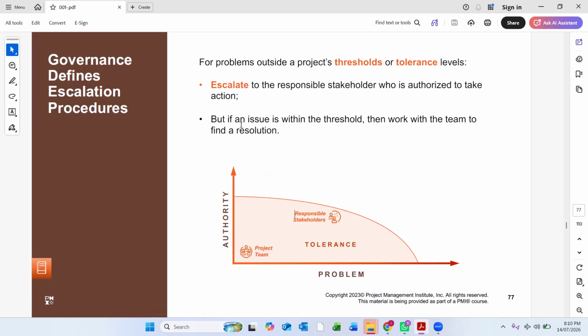If there is some problem, it should be escalated to the particular stakeholder who is authorized to take action. They use the word escalation. If there is an issue within the threshold, small issues can be discussed with the team to find a resolution.